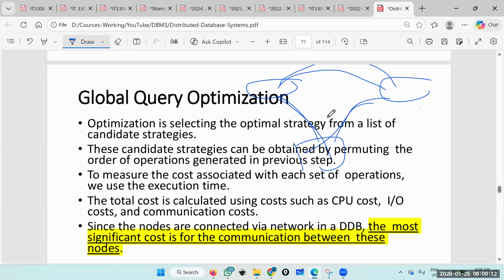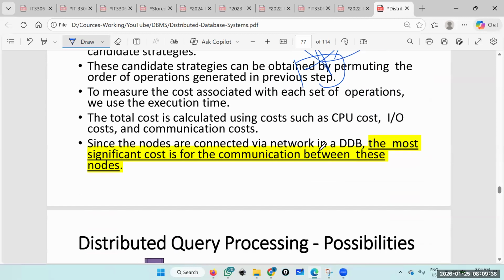After deciding from which fragments you are going to take which data, you need to decide how to do the joins and unions, what the optimum strategy is: whether you take from A to B, or B to A, or A to here and B to here, and that kind of decision.